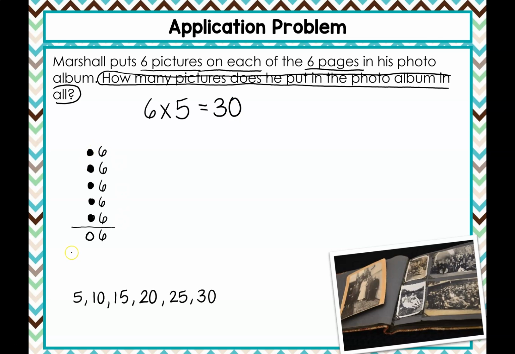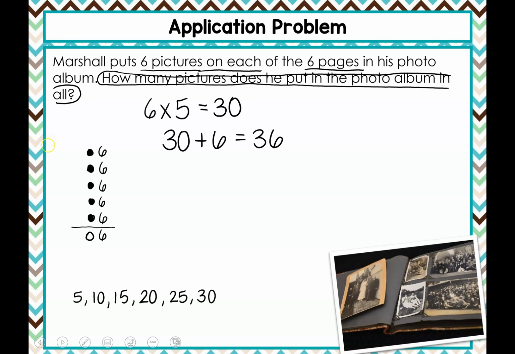But we're not trying to solve for 6 times 5. We're trying to solve for 6 times 6. What could I do with my 30, the answer that I got, to find 6 times 6? So I did 6 times 5. What if I added one more 6? By doing 30 plus 6, which is 36.